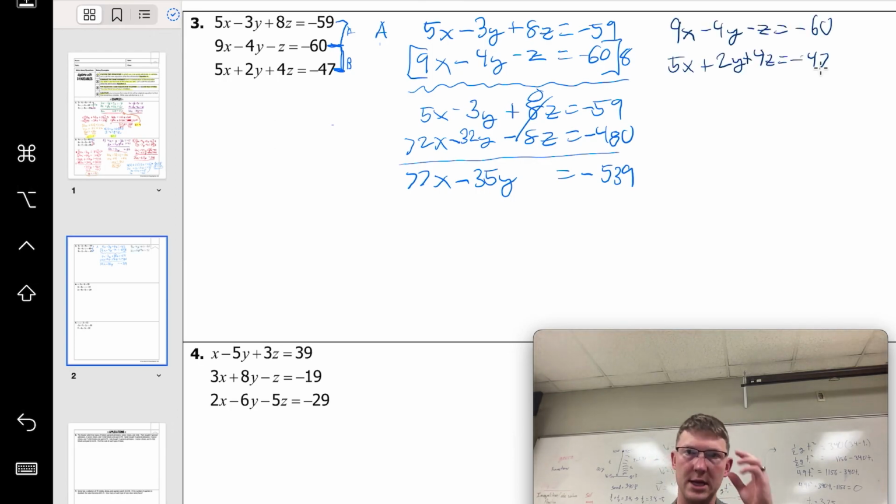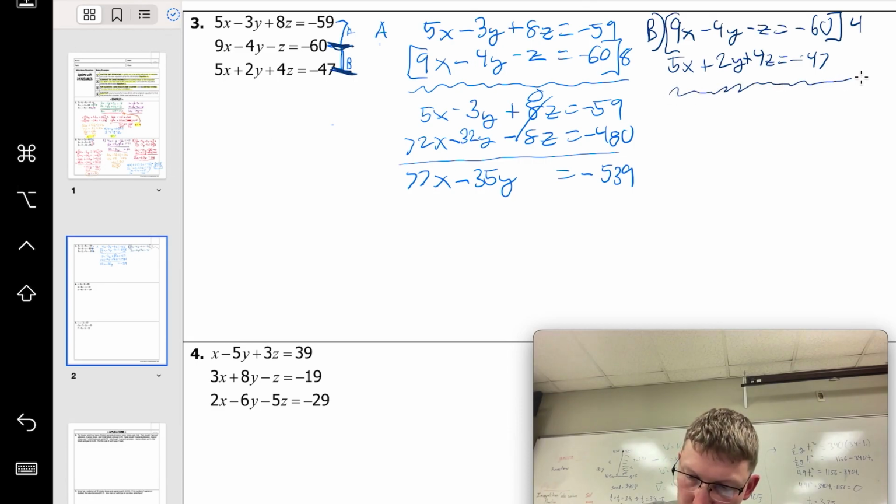All right, so for our second equation, we're going to use our middle equation and our bottom equation for our B equation, if you will. I've already rewritten them. Here's the second equation, here's the third one. We need those z's to cancel out, so we're going to multiply what is now the top one by 4, and that will get us where we want to go.